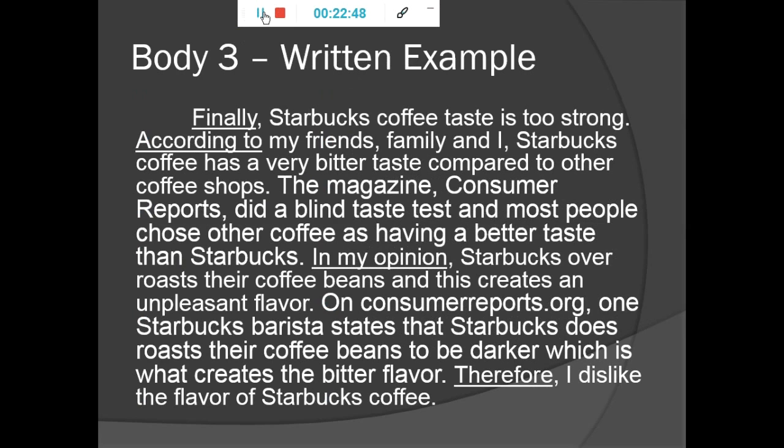And once again, let's look at body 3, which contains the written example here in this slide. So we're going to look at body 3 as a written example. Again, notice that we have indented the first line of the paragraph. You can do that using your tab button on your keyboard.